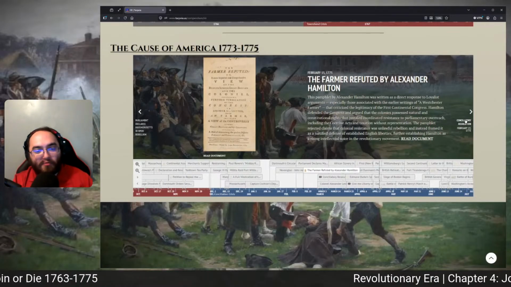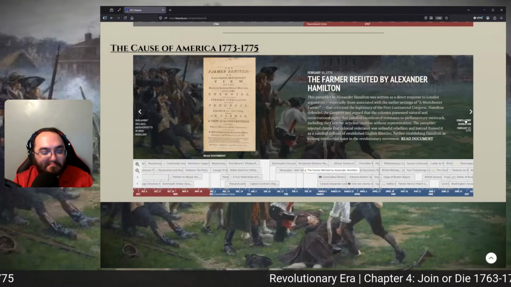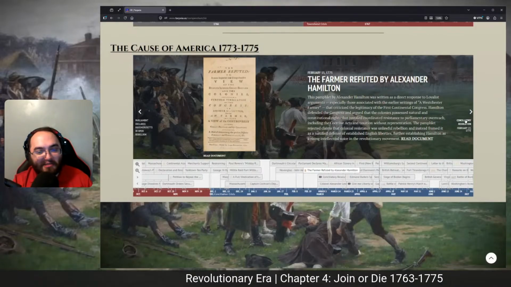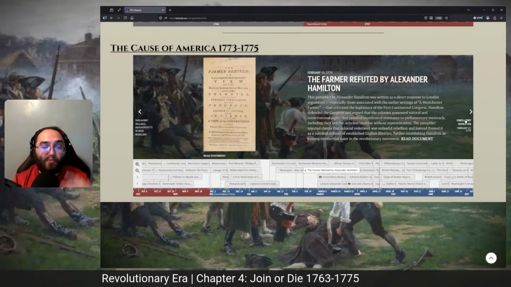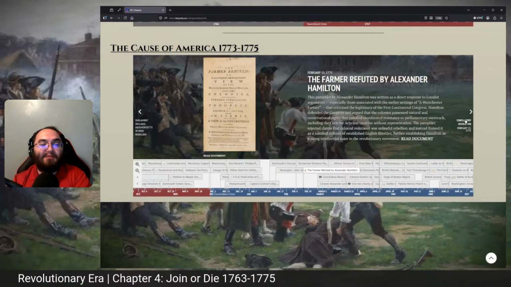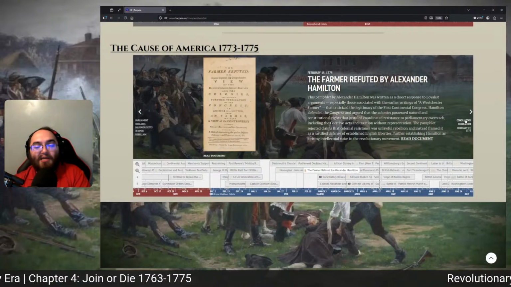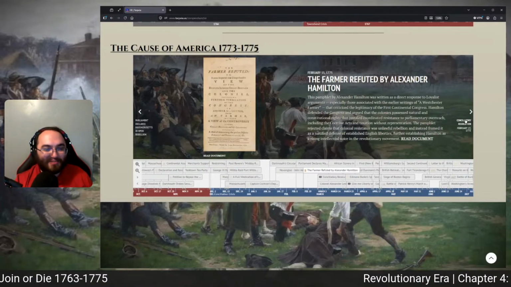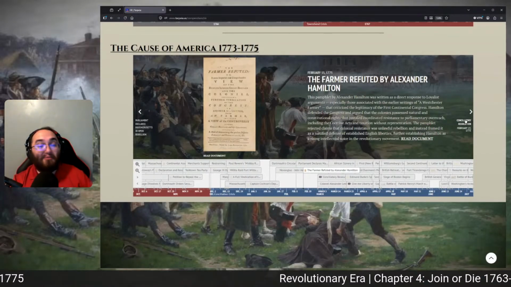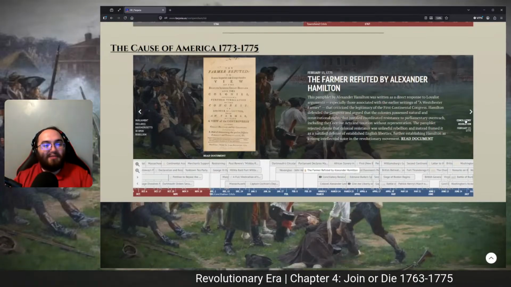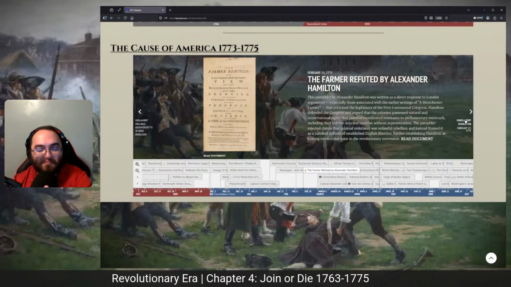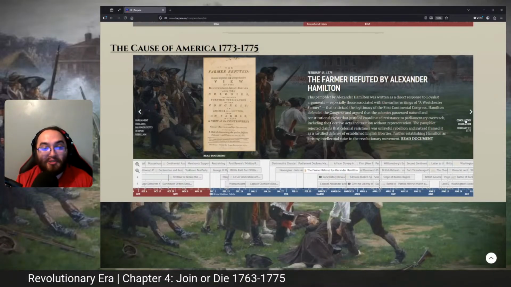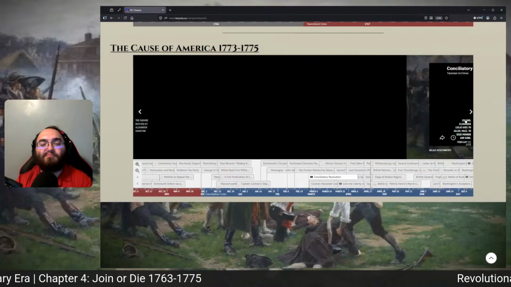It's actually part of a wider debate going on. So it's interesting to see Alexander Hamilton and many of the people who would participate in the constitutional debates getting their practice debating each other and writing essays during and leading up to the American Revolution. So this is interesting to see that happen.